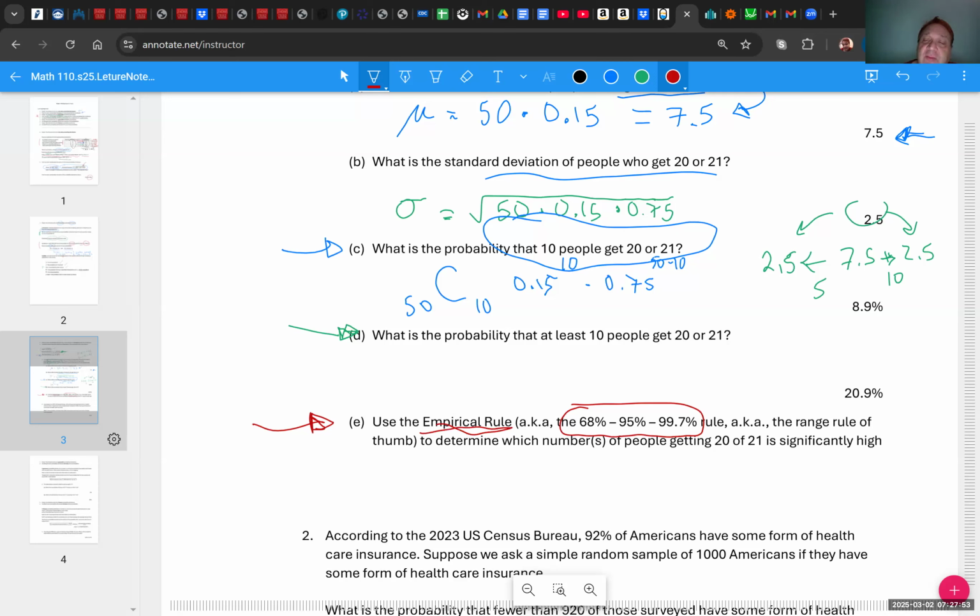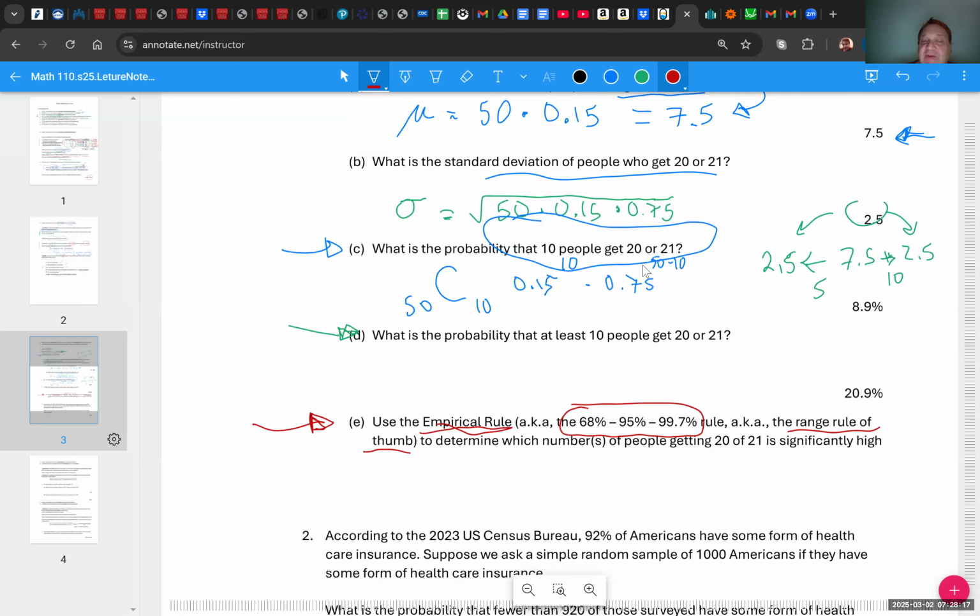It's also called the range rule of thumb. A lot of different words mean the same thing, so be on the lookout that they're going to call the same thing using different words depending on who says it. That's just the way things go with communication, so you have to be aware of the synonyms.